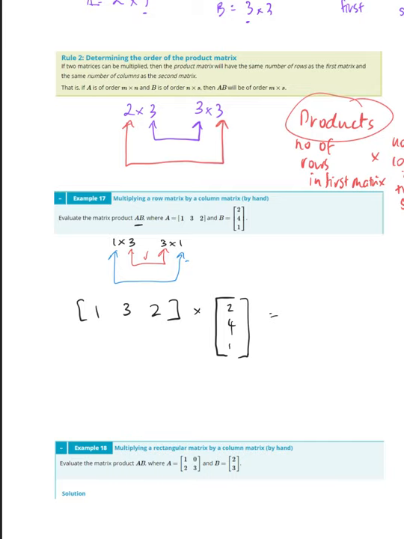So the first step here, I'm just going to start that. I'm going to go 1 times 2. Now, because I haven't finished my row, I know that I haven't finished the element. So that means I'm still adding to that.